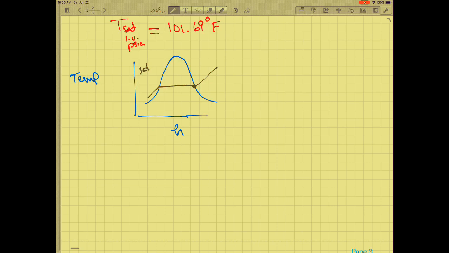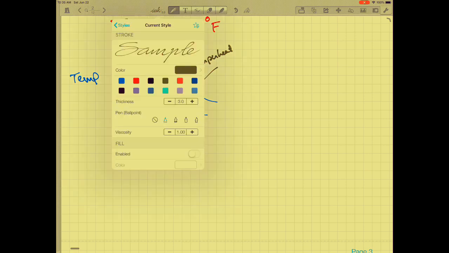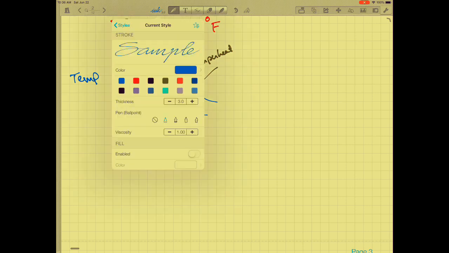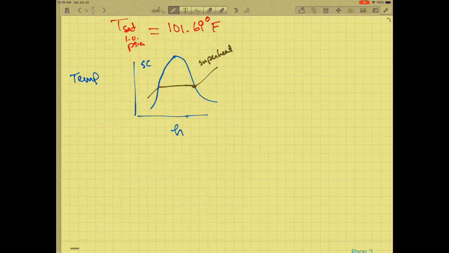And then way over here we got superheat. This is going to be subcooled. Alright. So at this pressure, this isobar or isotherm is going to be 1.0 psia.